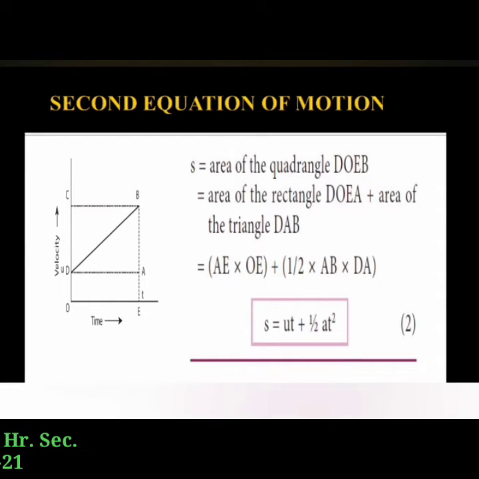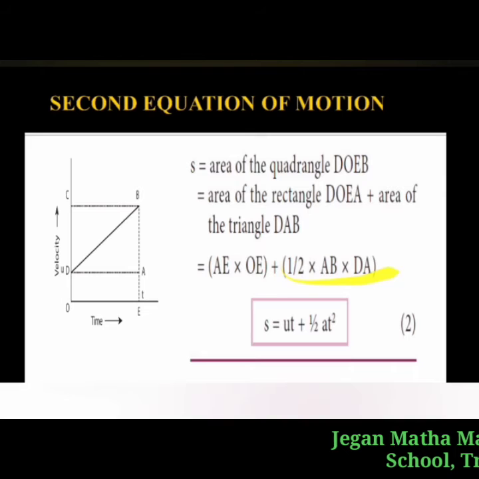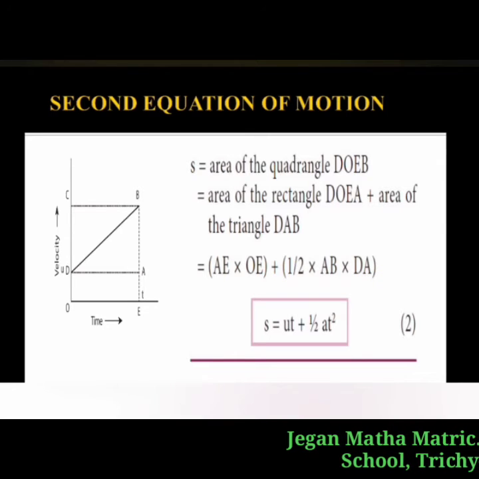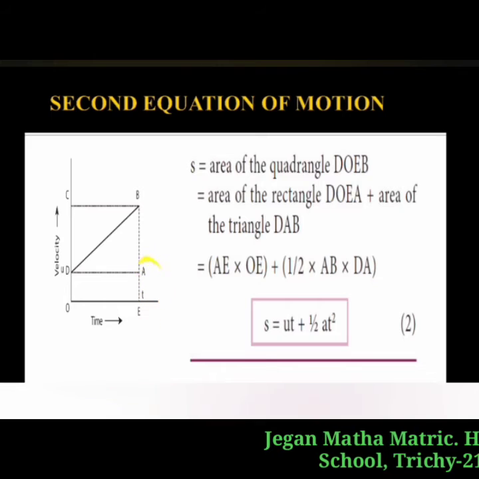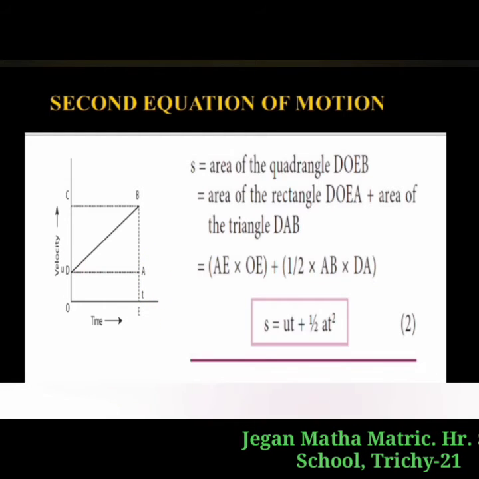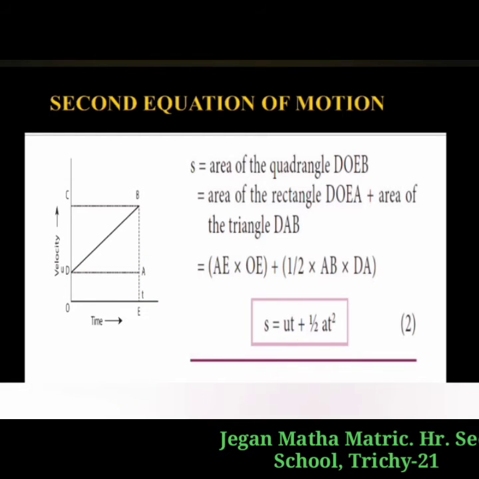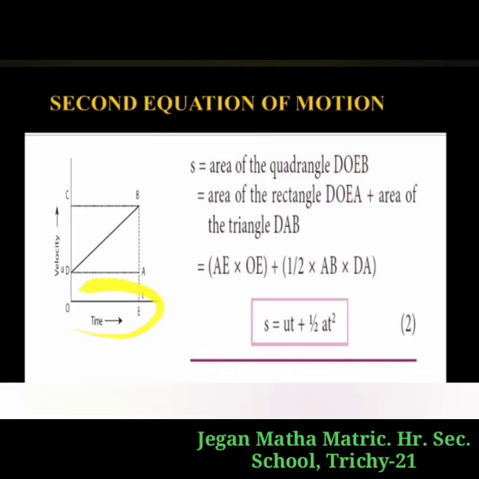Formula for area of the triangle is half into breadth into height. Here AB is the height, then DA is the breadth. So half into AB into DA. We know that AE is equal to u, then OE is equal to t.